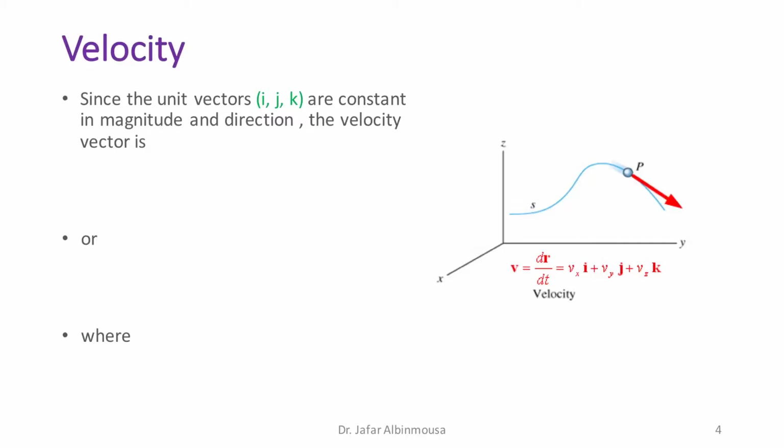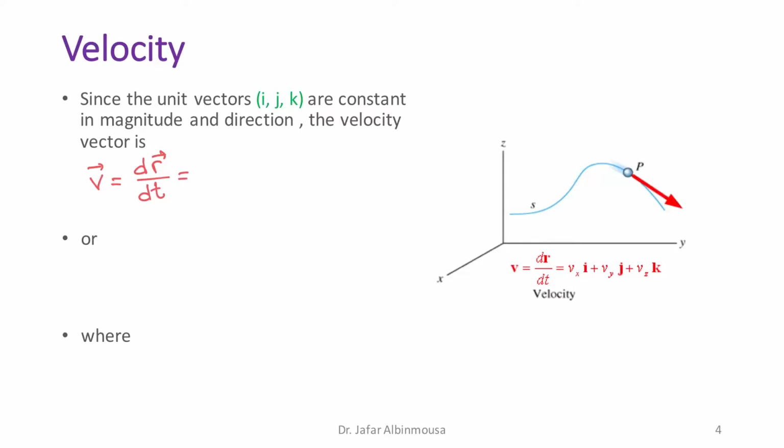Now, let's move on to the velocity. Since the unit vectors i, j, and k are constant in magnitude as well as direction, the velocity vector is written as v equal to the time derivative of the position vector, dr over dt.